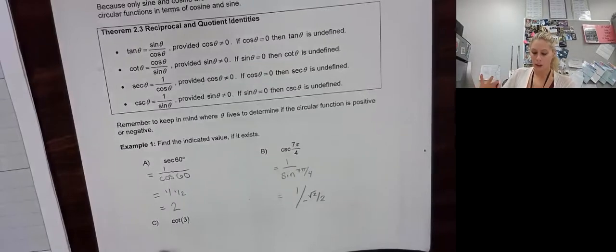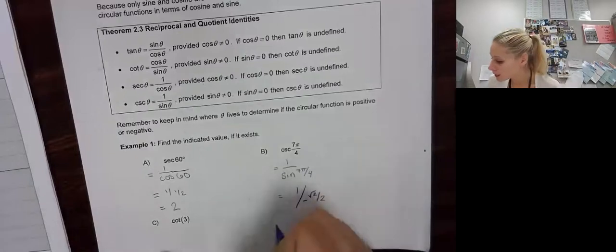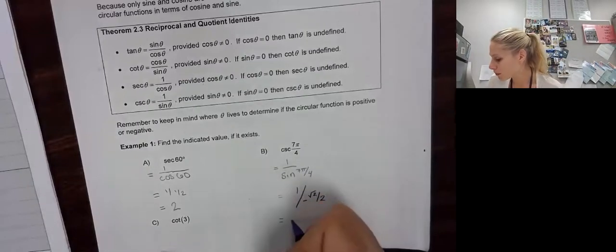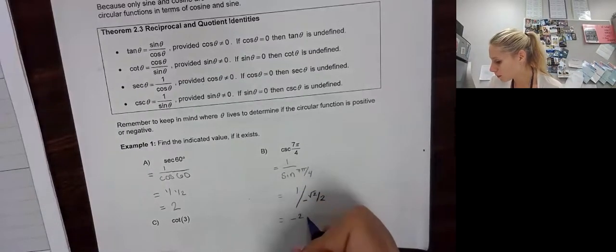And now let's actually calculate that out. Some of you might be able to recognize the answer ahead of time, but I'm going to simplify this the long way and do every step. So of course, dividing by a fraction is multiplying by the reciprocal. So we have negative 2 over the square root of 2.